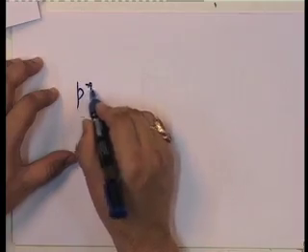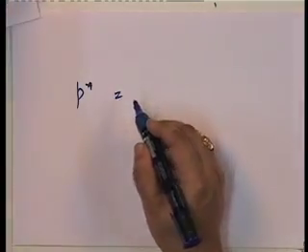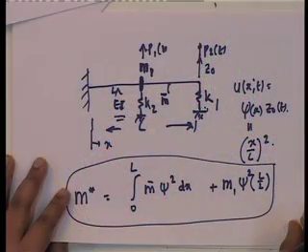And finally, what is my P star equal to? Well, I had two loads, and those two loads are equal to the following. Let me go back. I want to show you the specific problem that I had considered, and that is this particular problem.